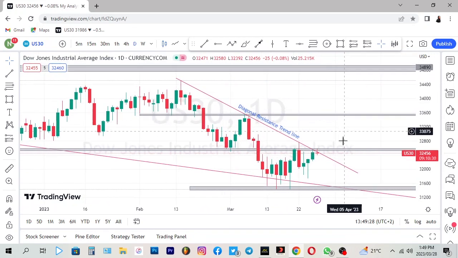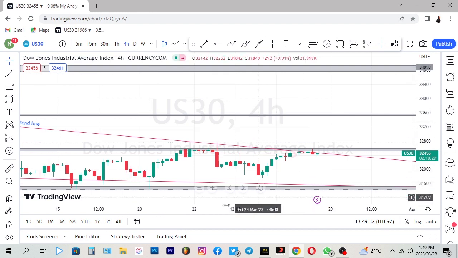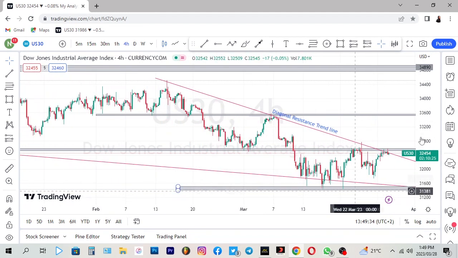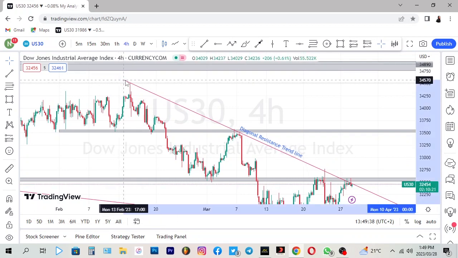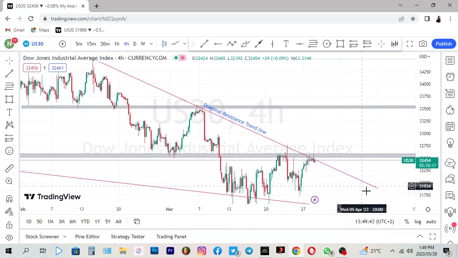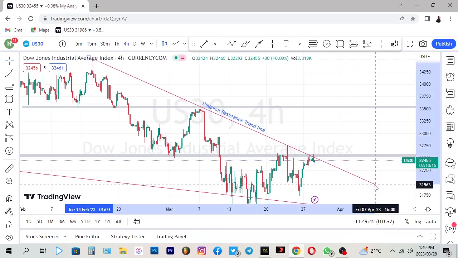So we're going down to our 4 hours, because we're still on a daily. Everything is in place. You can see the market has been respecting this. Let us fix it. Remember, everything has to be accurate.